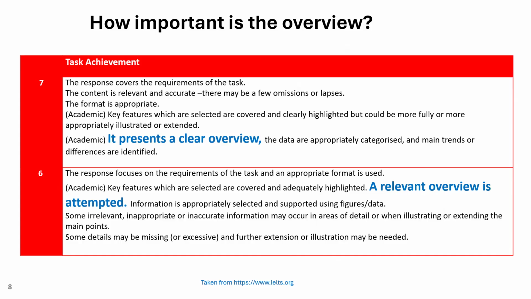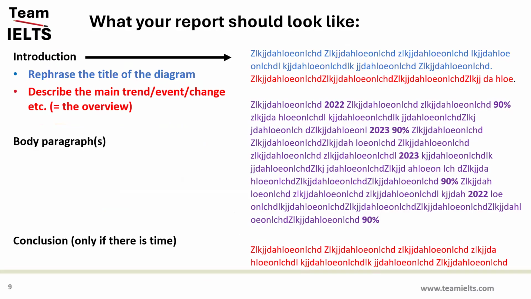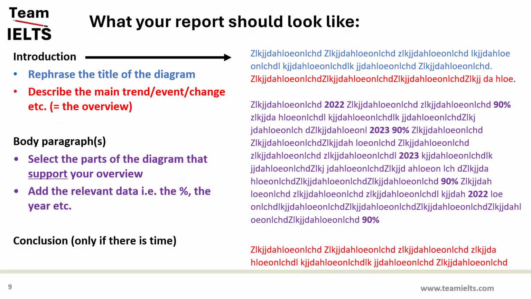So let's go back to what your report should look like. Okay, so we've said the introduction is those 2 parts, the rephrasing of the title and the overview, but the body paragraph is where you select the parts of the diagram that support your overview, and then you use those to get the data, and that's what you write into the body paragraph or body paragraphs.